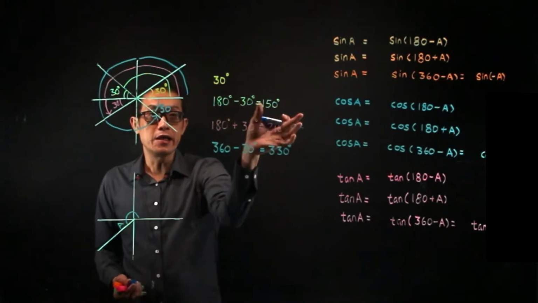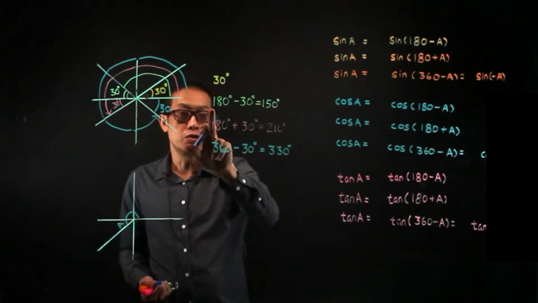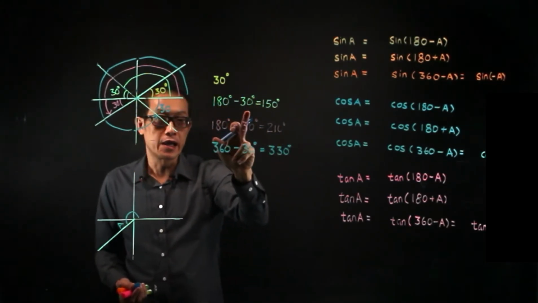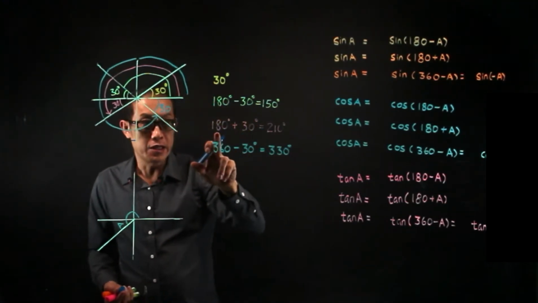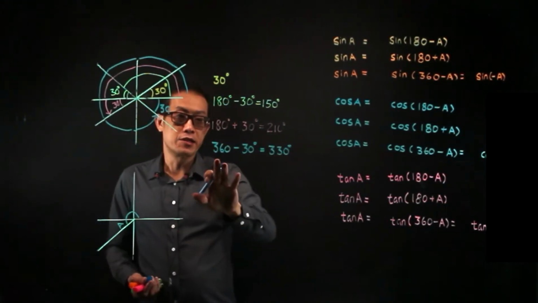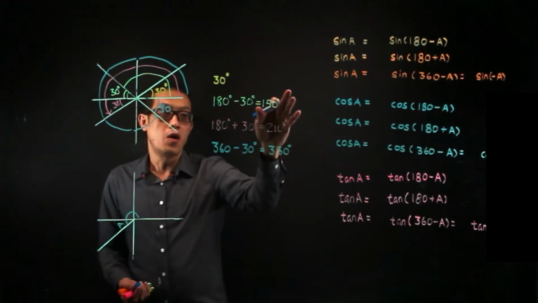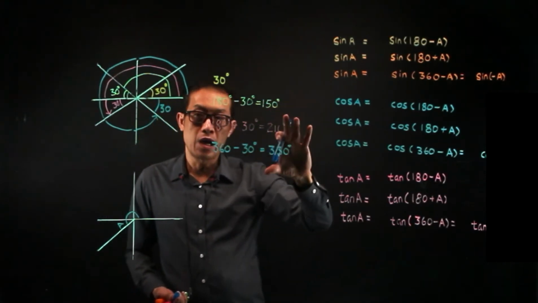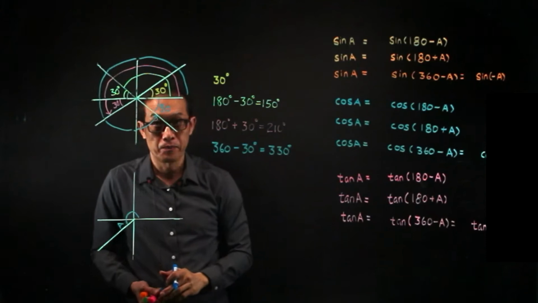So if I give you any acute angle, you use 180 minus the angle, 180 plus the angle, and 360 minus the angle. All these angles will have a basic angle of 30.